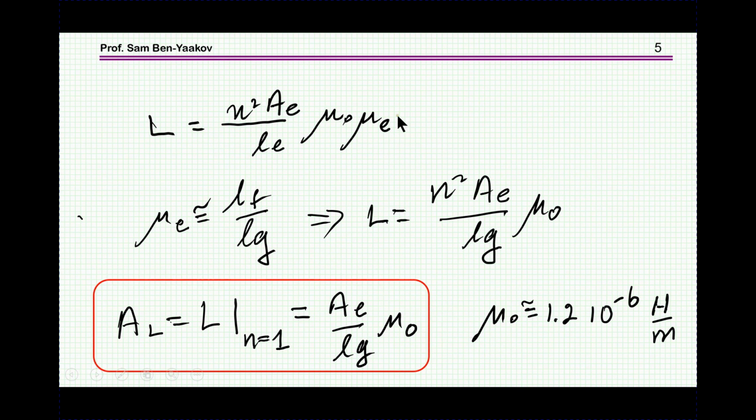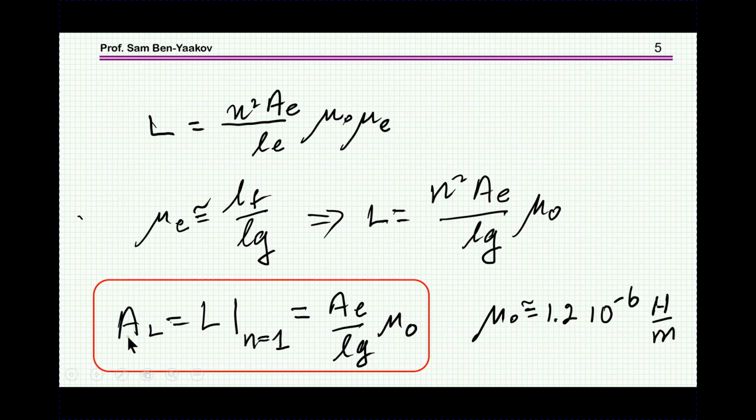Now I'm replacing mu sub E by this relationship, and therefore I'm getting this expression for the inductance, n squared times A sub E, cross-section area of the core, over the length of the gap, times mu sub 0. Mu sub 0 is here, this is the value approximately, this 0.5 here.